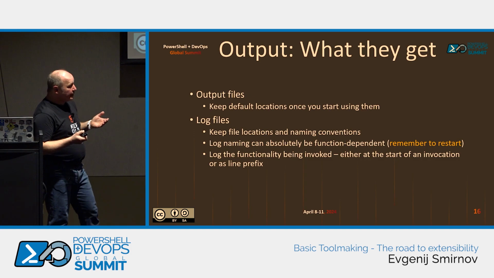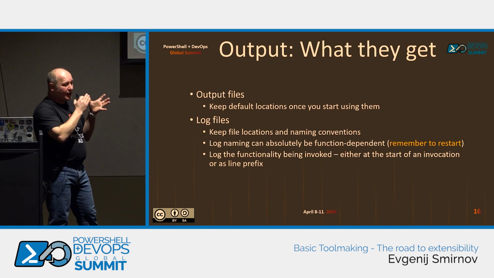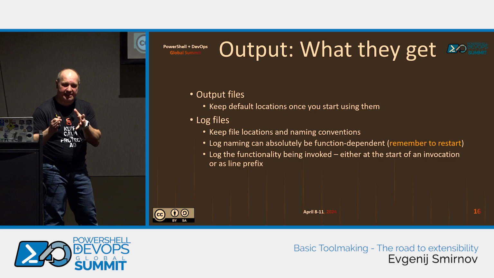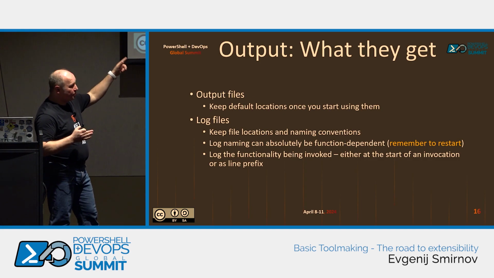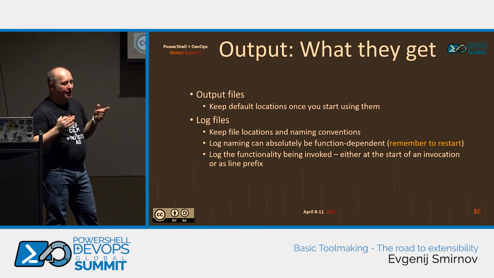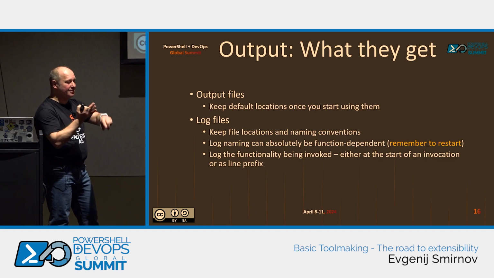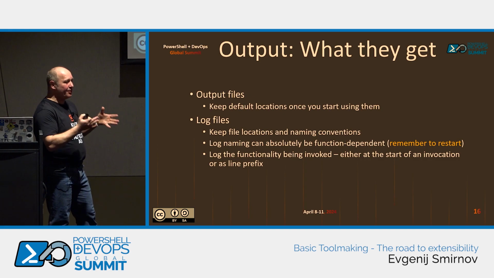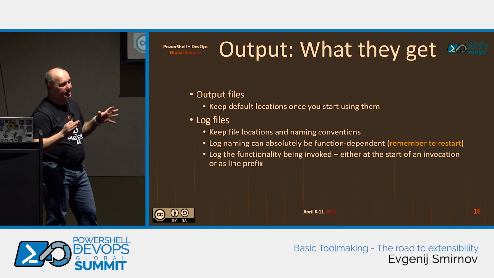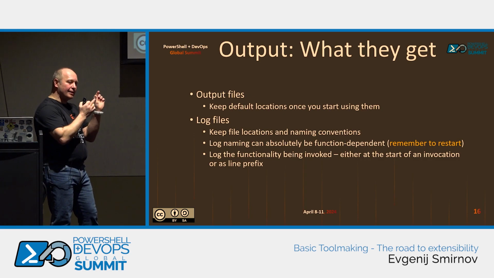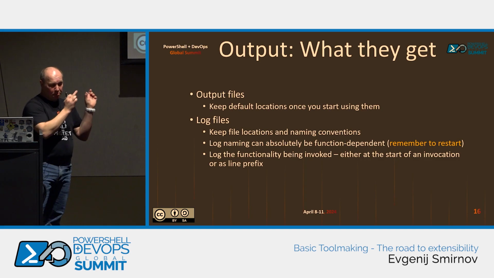And once your tool starts getting extended, it's a very good idea to provide the information about the function, target, and protocol being used somewhere in the log, either at the beginning of the invocation, which would be okay in most cases, or even in each line as a prefix.